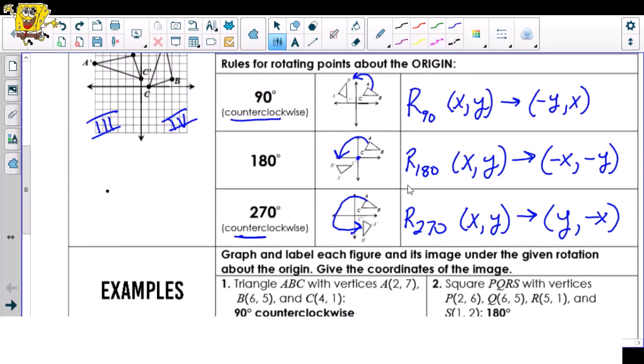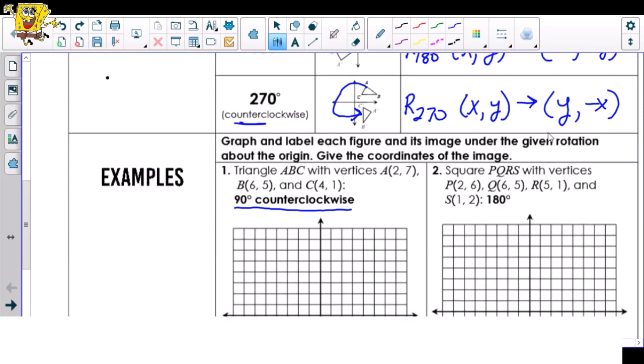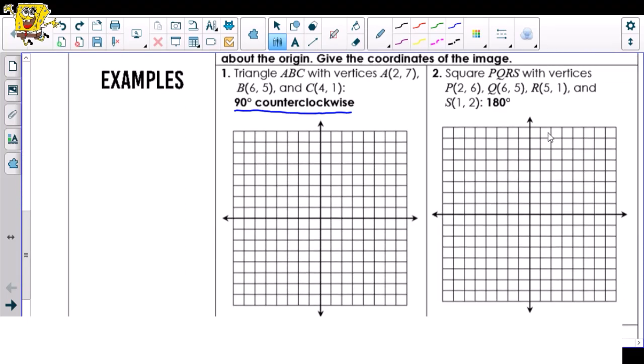So remember the 90-degree rotation rule: we take (x, y) and it becomes (negative y, x). So I'm just going to bring that rule down here. (x, y) changes to (negative y, x), like that.